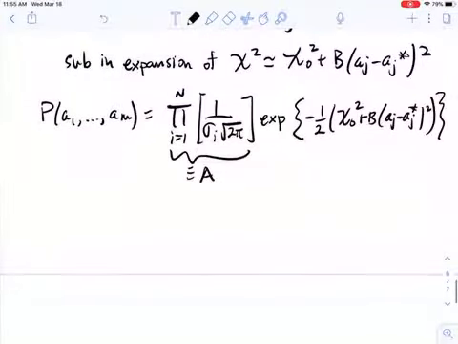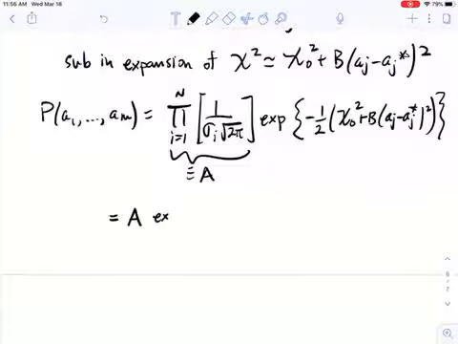All right, so what we have then is a, and we have an exponential of a sum of two terms, minus chi squared over 2 and minus b over 2 aj minus aj star squared. So I'm going to write that as a product of exponentials.